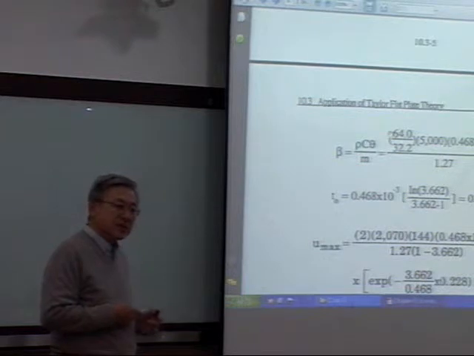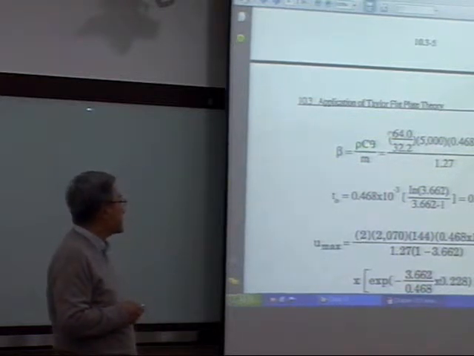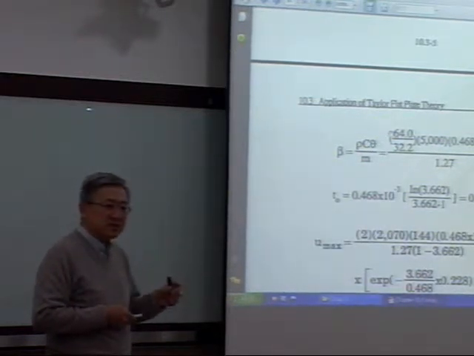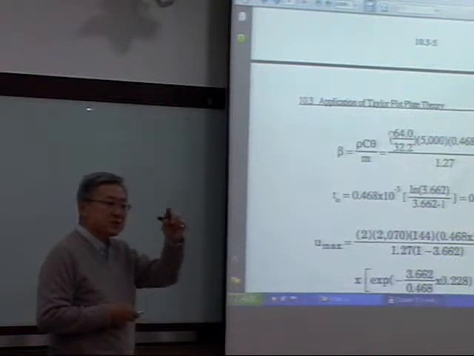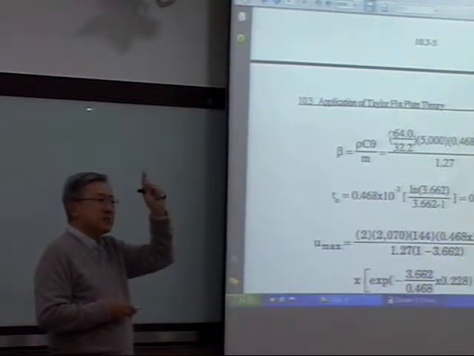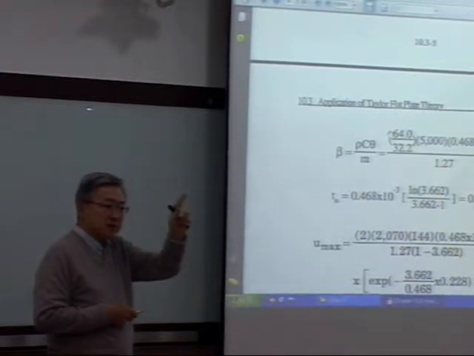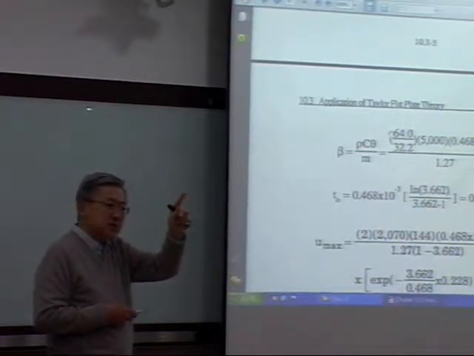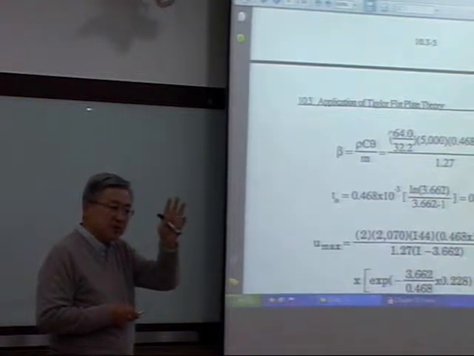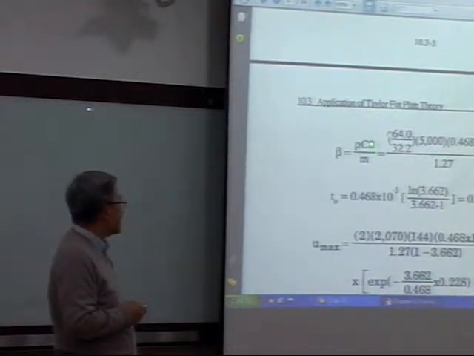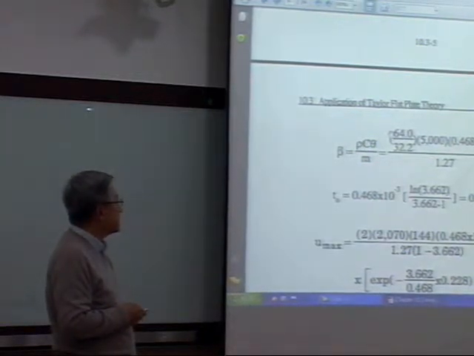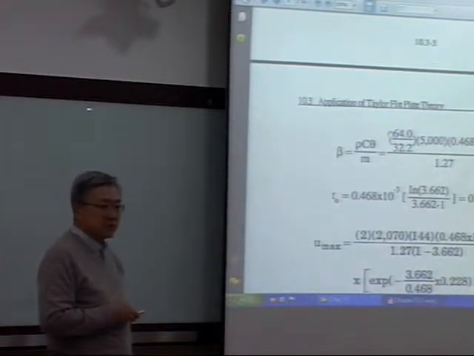Then you have to keep that. Every quantity you have to use the same unit. Once you pick the basic unit, of course pound, feet, or inch, and second, you have to stick to that. So theta, I multiplied by 10 to the minus third.